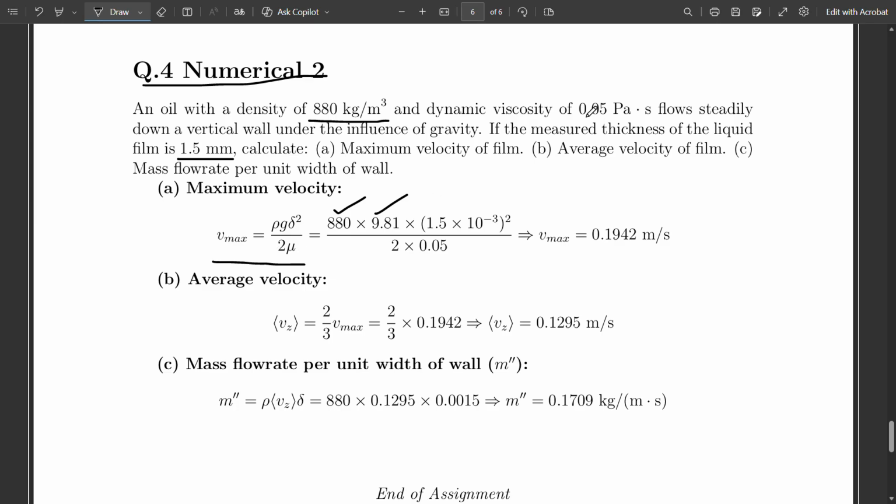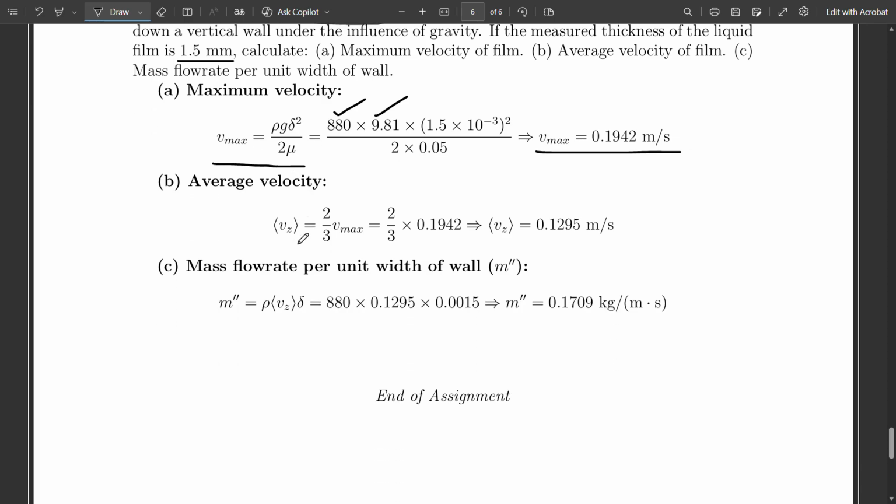The viscosity is also given, 0.05 pascal second. Substituting all the values, we get the Vmax value. As we derived earlier, the average velocity is two-thirds of Vmax for this particular case, so we can directly calculate the average velocity using this Vmax value, which comes out to be 0.1295 meter per second.